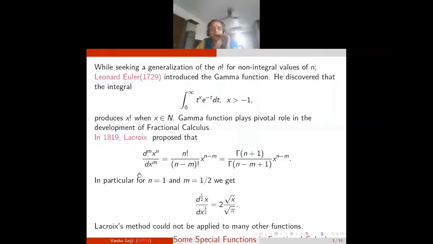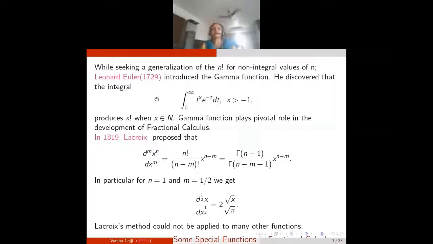A simple motivation: if you take x to the power n, and you want to take the mth derivative, you have n factorial divided by (n minus m) factorial times x raised to n minus m, a simple formula. Now if m is not an integer, say some positive real number, then n minus m would be some number which is not a natural number. So what would be its factorial?